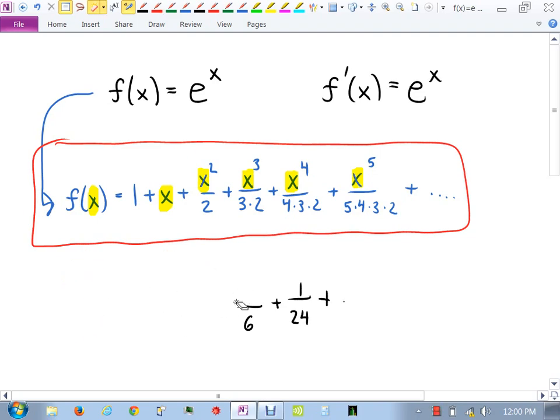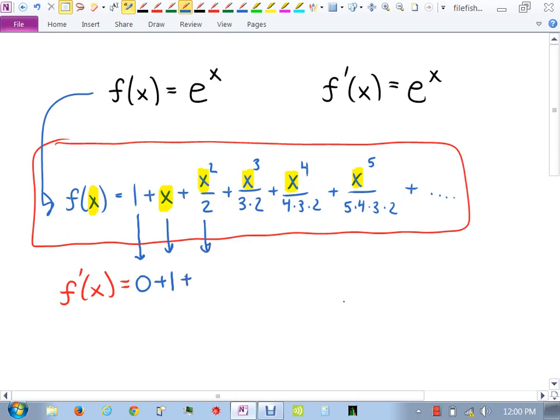This is what I think is really fascinating about this. What is the derivative of this? Okay, what's the derivative of 1? 0. What's the derivative of x? 1. What's the derivative of x squared over 2? So the 2 comes out but cancels with the 2, right?